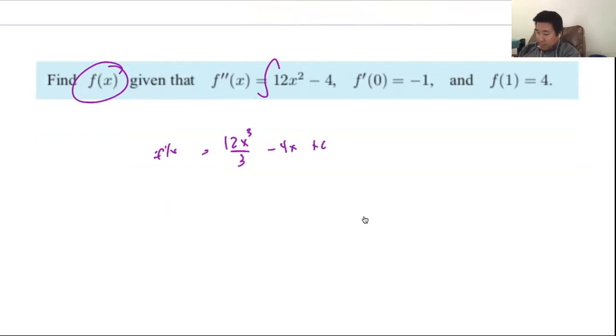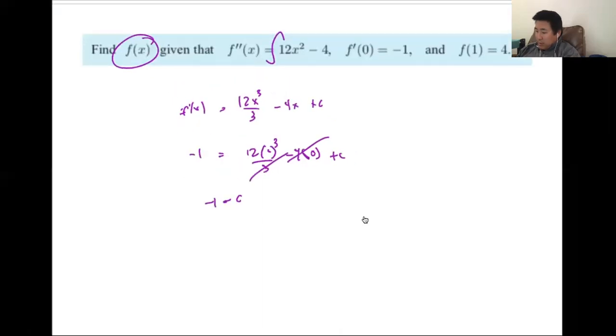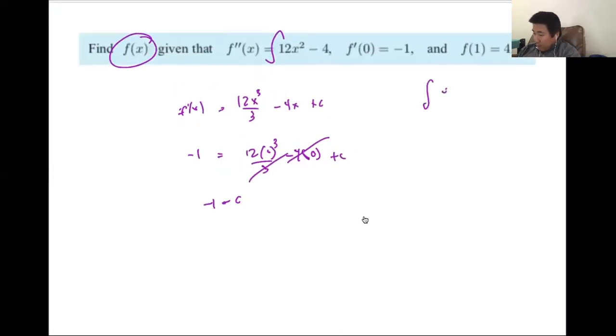So negative 1 equals 12 times 0 cubed over 3 minus 4 times 0 plus c. That goes to 0, c equals negative 1. So now I have the integral of 4x cubed minus 4x minus 1 dx. 4x to the fourth over 4 minus 4x squared over 2 minus x plus c.